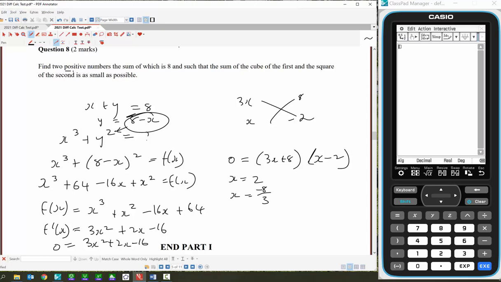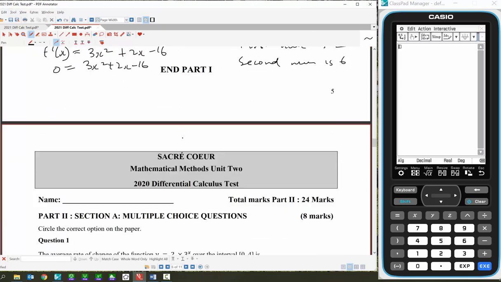Two positive numbers, but x greater than 0, so x equals 2. And then if we pop that into the first, you can see quickly that the y value needs to be 6. So first number is 2, second number is 6. Alright, so that's the end of part 1.